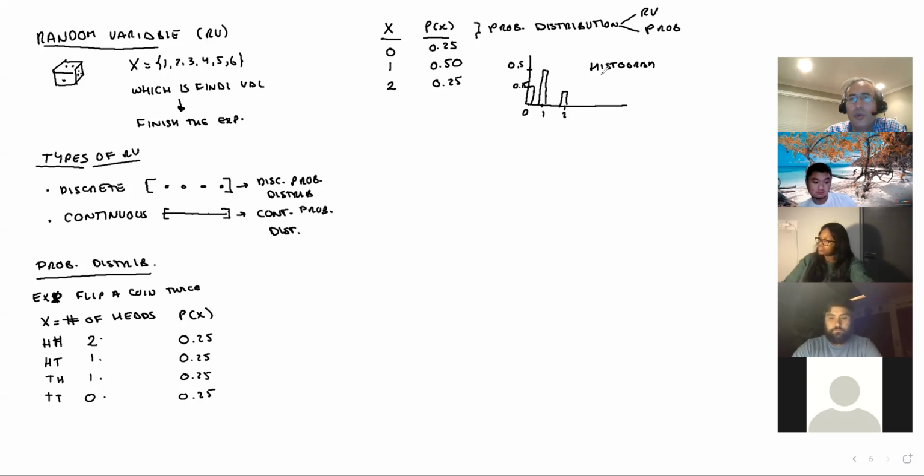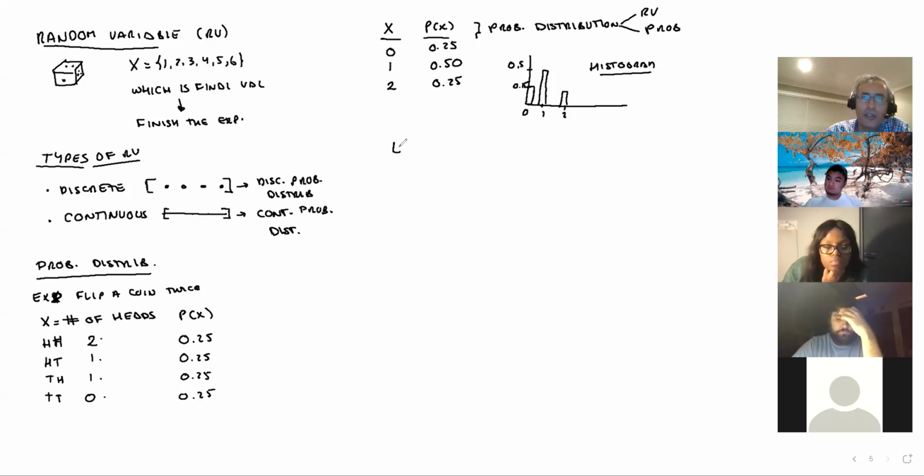Now, guys, something that is crucial is to learn 2 moments. Remember, guys, that always when we talk about statistics, we always have central tendency, so more or less where the values are located the most. And we have dispersion, how dispersed the data is, right? And we use 2 measures. We use the expected value. When we talk about probabilities, we call it the expected value, that is simply the mean, or the average. My expected value is defined by the sum from i equal 1 to n of xi, p of xi.